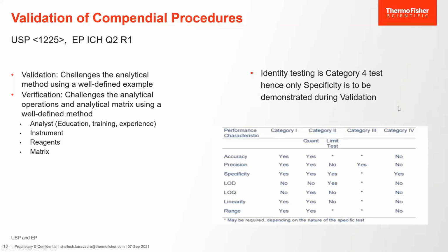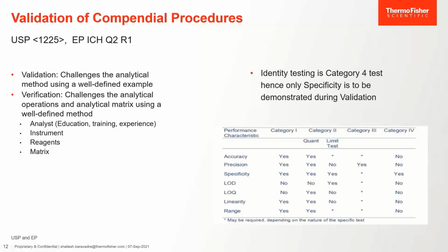Once you have demonstrated the specificity during the validation, it can be used as an alternative technique. If the method is of quantitative nature, where you are doing an assay, then of course a different category of test applies, which is typically category 2. And for that, you have to validate the method for its accuracy, precision, specificity, and others.